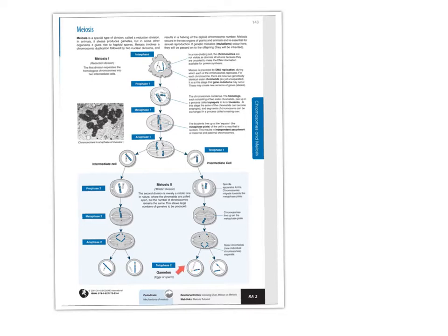If those occur here in the gametes, then those genes will be in every single cell of your child's body. So it's really interesting that meiosis is producing the gametes, the very first cells of a new living organism, or at least half of the first cell of a living organism, right?